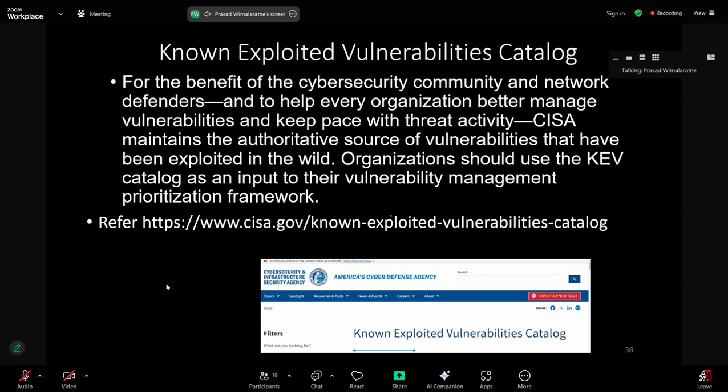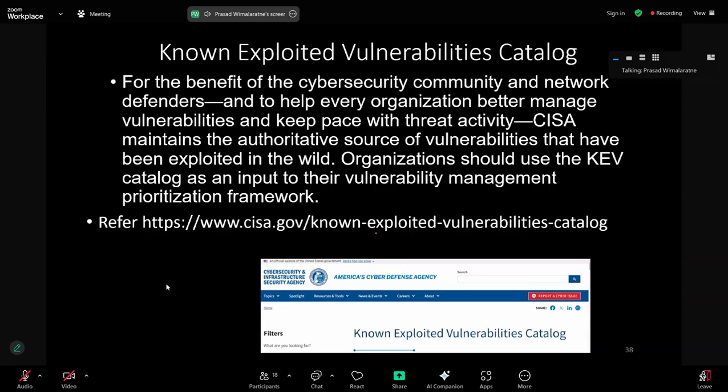Likewise, we also have this other example, the known exploited vulnerabilities catalog. Again, a community-driven initiative, where you can contribute as organizations or as individuals.